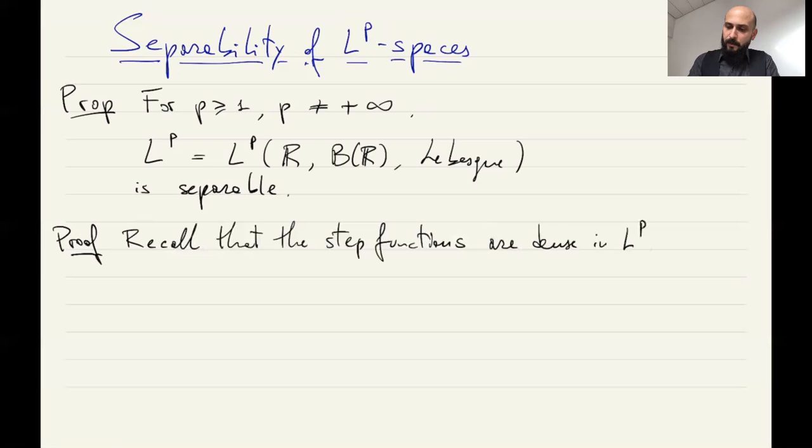We already discussed this, and so what we have to do is approximate these step functions with a countable set.